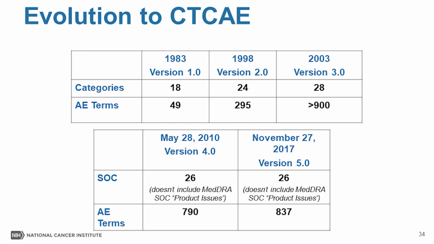If a condition is not listed, since there's only 837 terms, each of the SOCs has what we refer to as an other category, so that a term can be applied there. And I'll show you how you would then determine what severity rating.